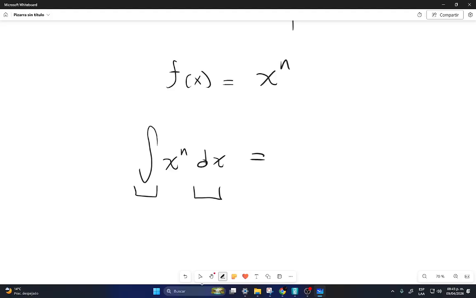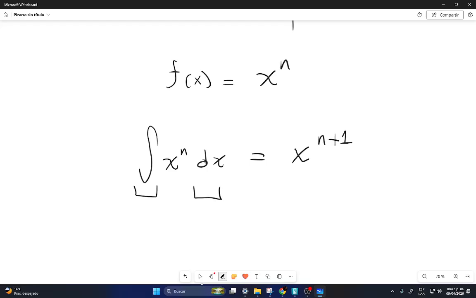Okay, so remember, the original function comes between this s and this differential, and we integrate it by doing the opposite of differentiation. So if in differentiation we subtracted 1 from the exponent, here we are going to add 1 to the exponent.